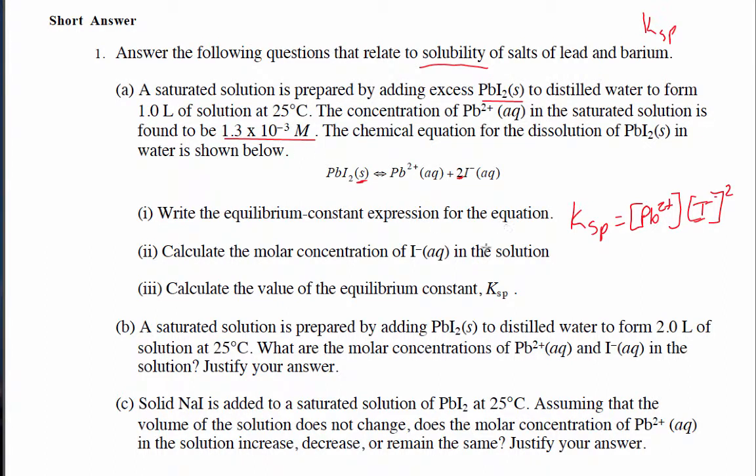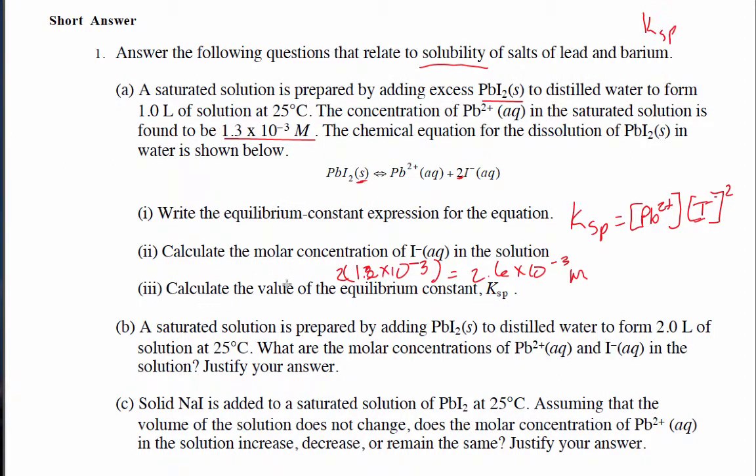So I'm going to do 2 times 1.3 times 10 to the negative third, which should give me 2.6 times 10 to the negative third as my iodide ion concentration. So far, everything seems very straightforward. There should be no major issues to be concerned with.